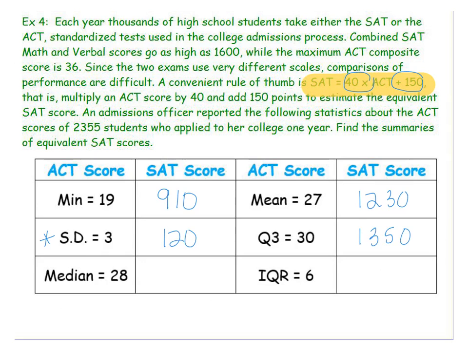So 40 times 28 plus 150, I get 1,270. The IQR, he is special. He only likes multiplying. 40 times 6 is 240. So just stop and think about adding. Adding does not like IQR and standard deviation, but multiplying likes everything.